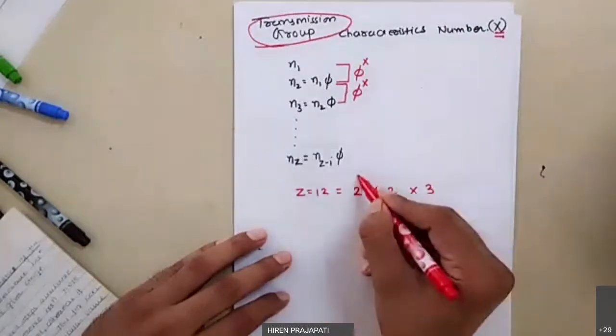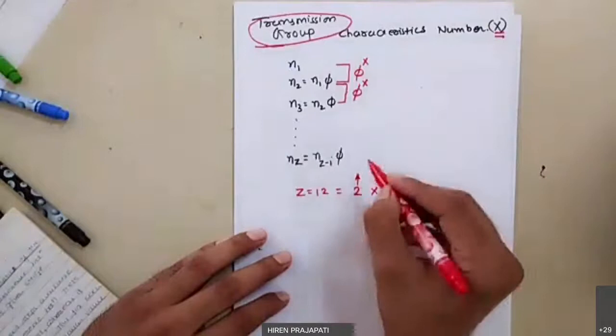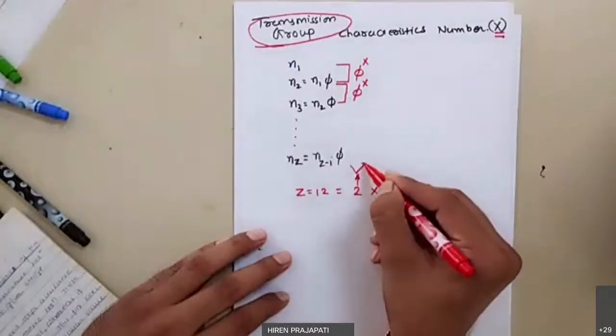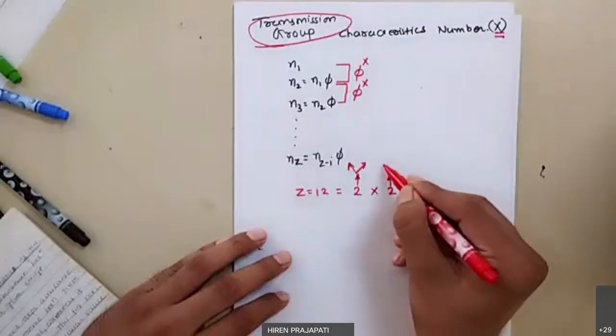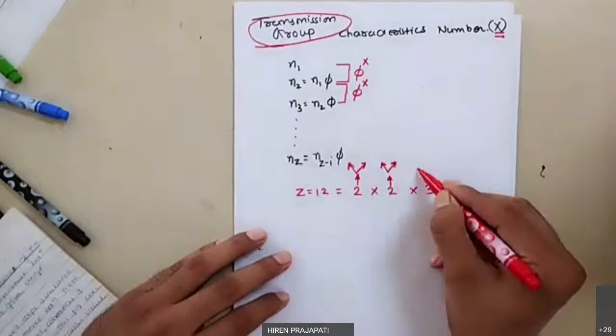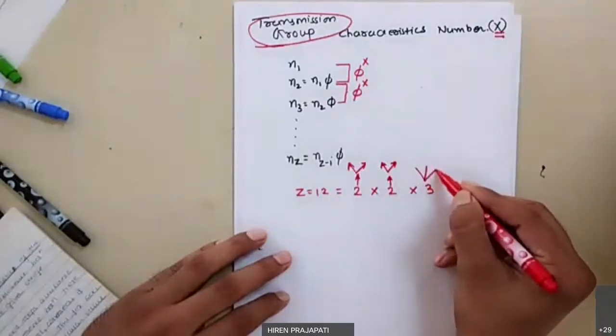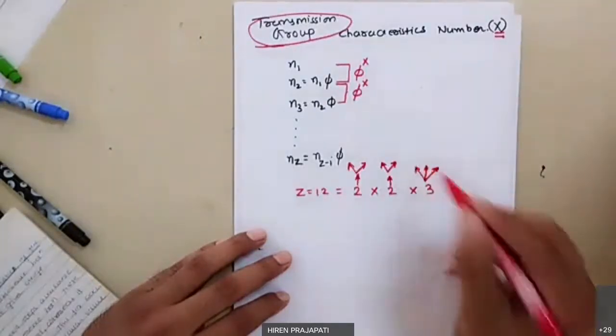Then as we discussed, in stage 1 you get 2 different RPMs, in stage 2 again 2 different RPMs, and in stage 3 we'll be having 3 different RPMs, right?